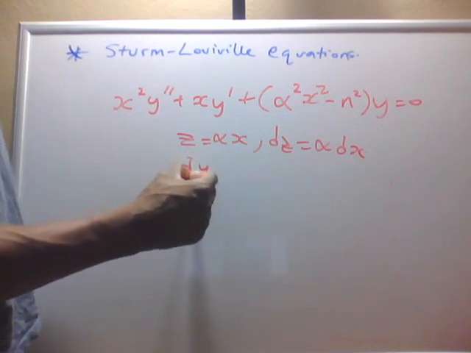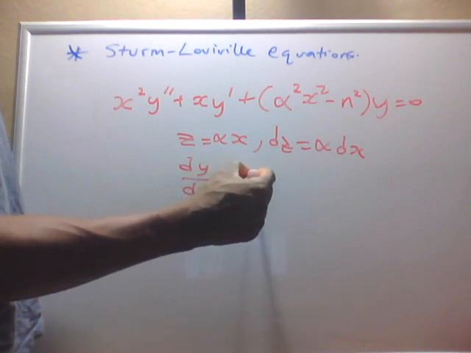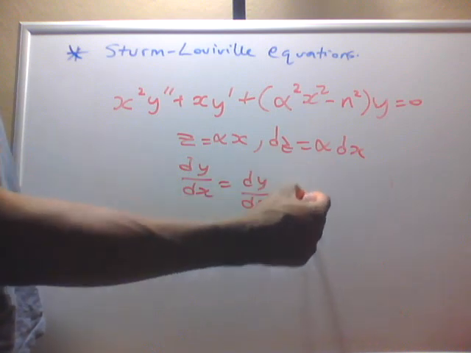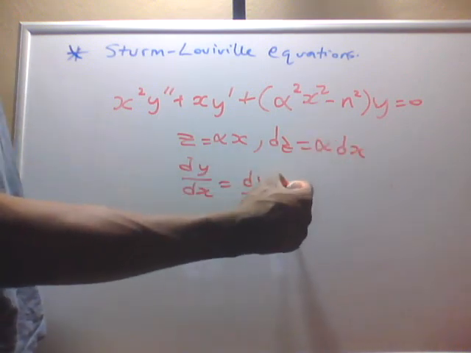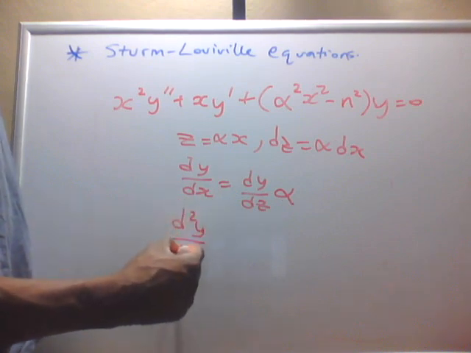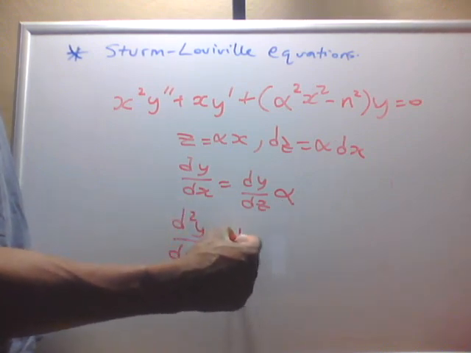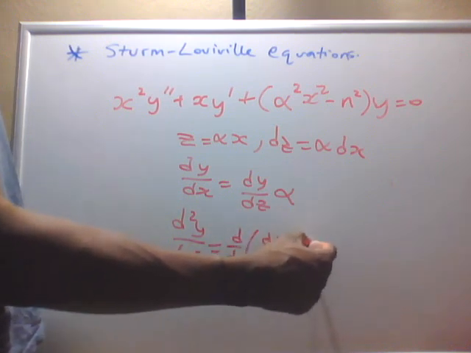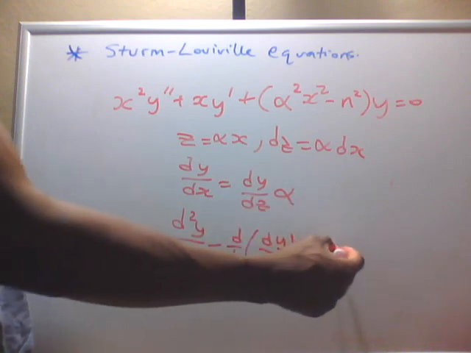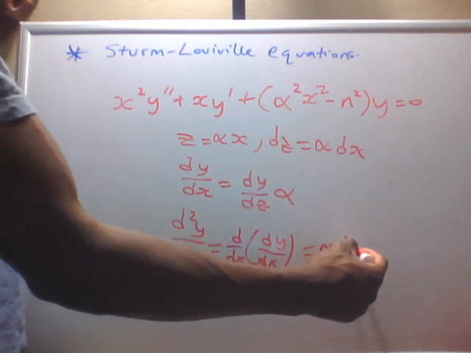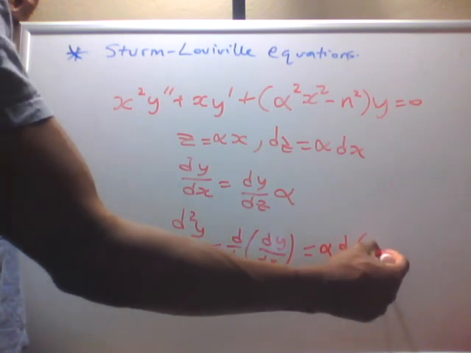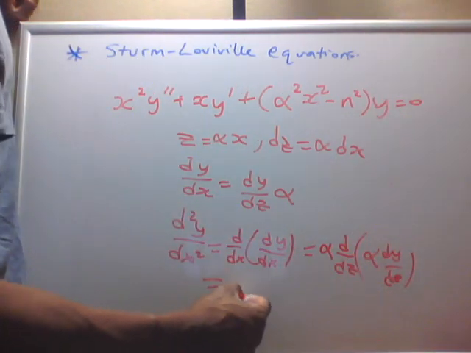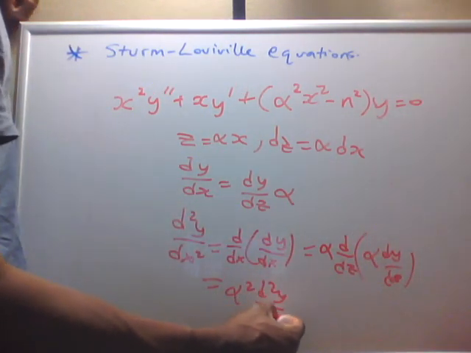Well, then dy/dx is just dy/dz times dz/dx, which is alpha, and d squared y/dx squared is d/dx of dy/dx, which again gets you an alpha d/dz of alpha dy/dz, which is alpha squared d squared y/dz squared.